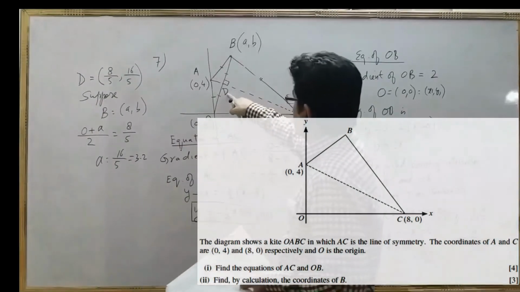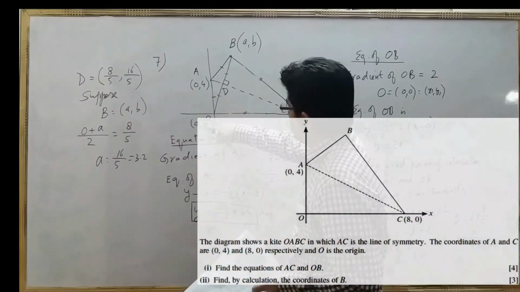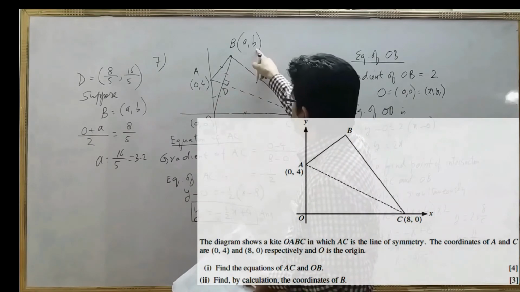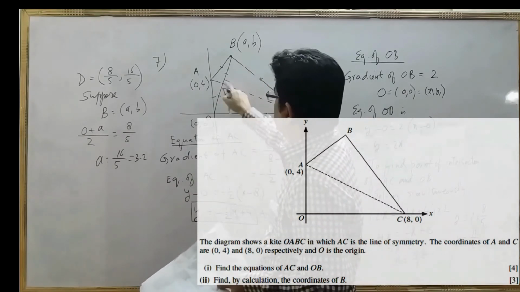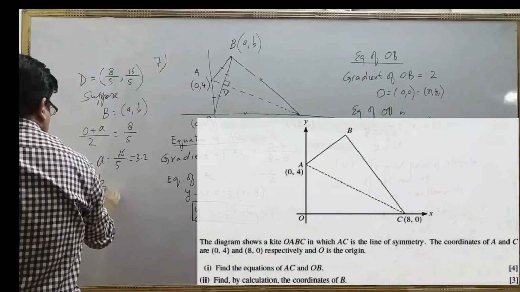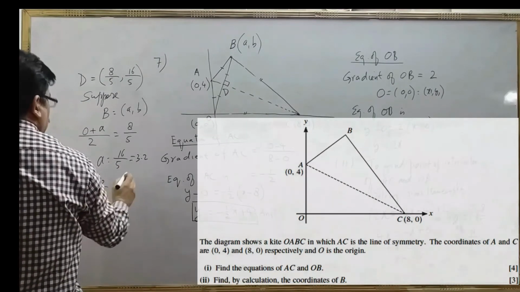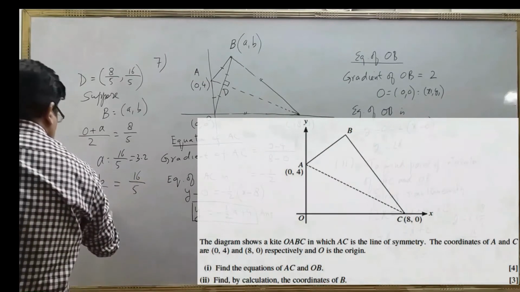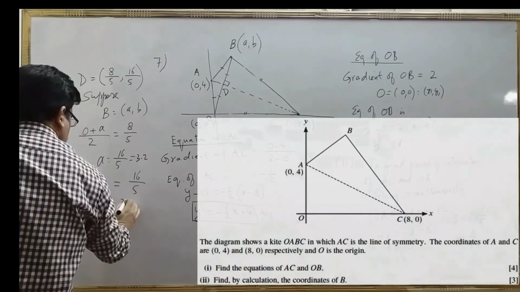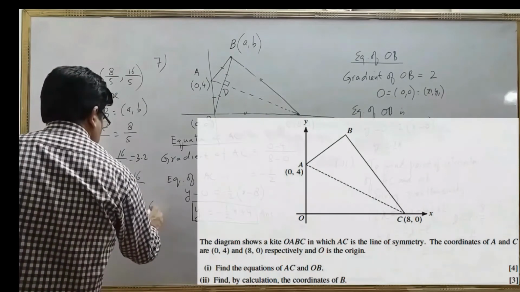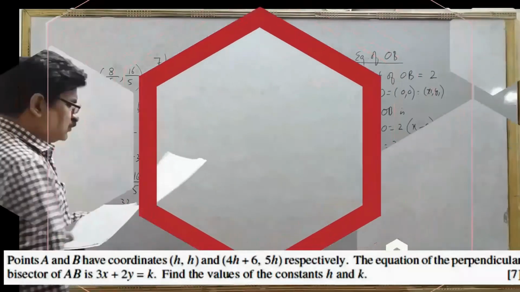Now to find the y coordinate of D, y1 plus y2 divided by 2 is equal to the midpoint. So 0 plus b divided by 2 is equal to 16 over 5. So b is equal to 32 over 5, which you can also write as 6.4. Move to next question.